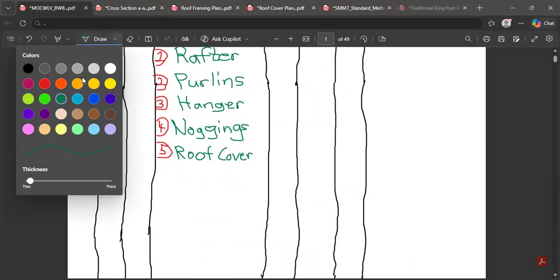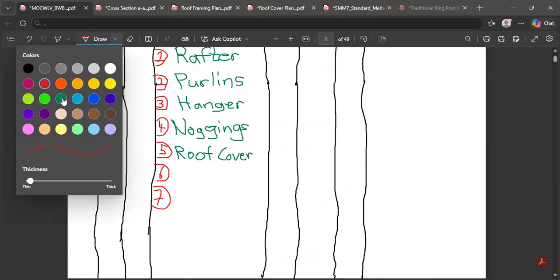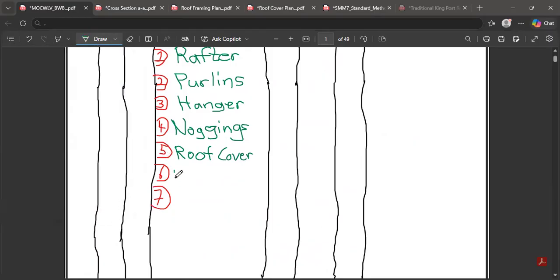So this will become my six, then seven. So this is my ridge cap, and then this is the ceiling finish.